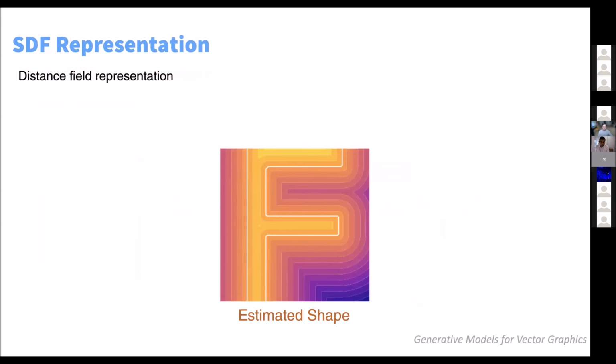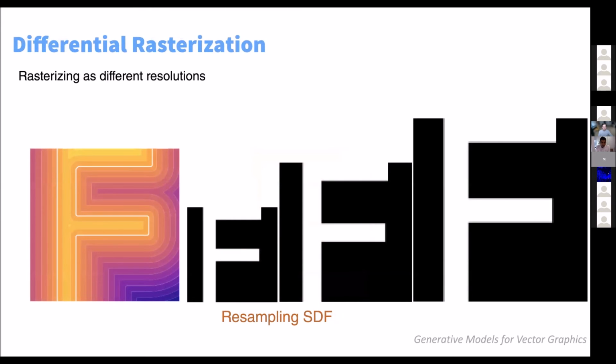Okay. So here, what we are going to work on are signed distance fields of the font. So instead of a mesh here, we have a font boundary, which is denoted by this white line, and then we have an SDF around that white, both inside and outside. Okay. And this can be resampled at arbitrary resolution.